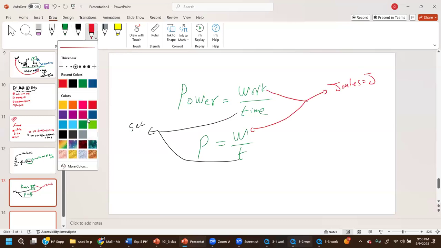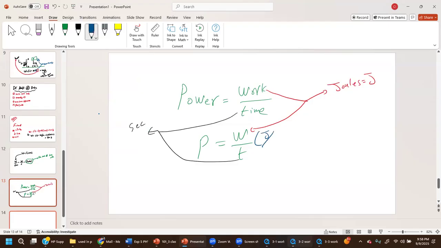So this is going to be how many joules per second. And that's what we call the watt, which we give the letter W, and that's going to be our unit for your power.